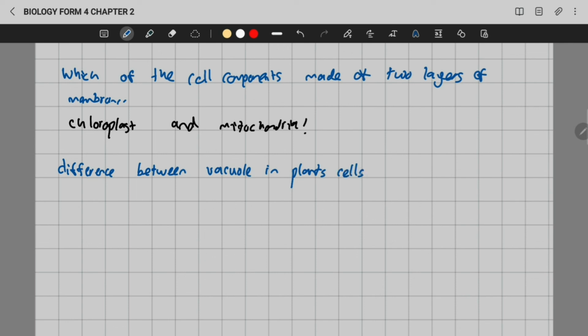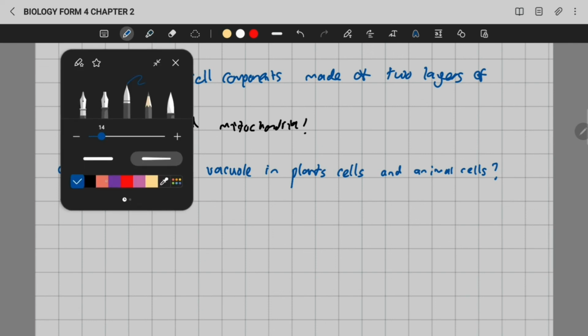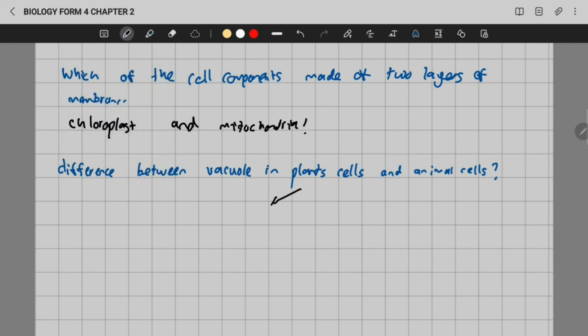You can always pause the video to think for a few seconds before answering. But here I will just state the answer. Multiple smaller.